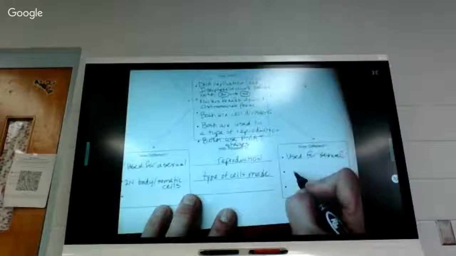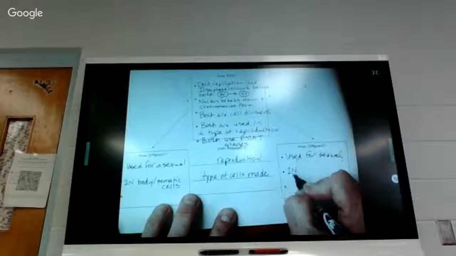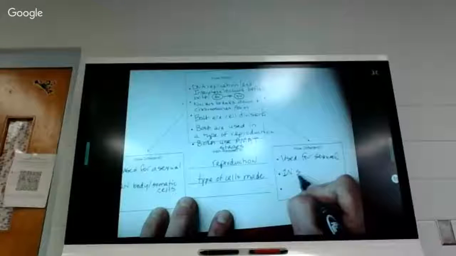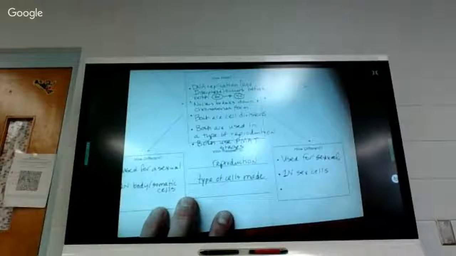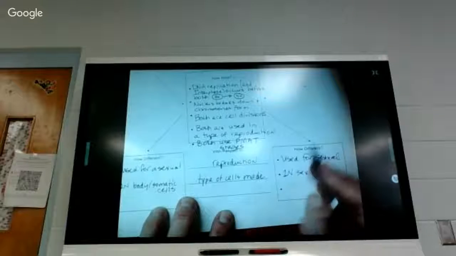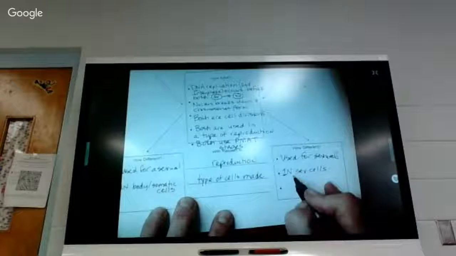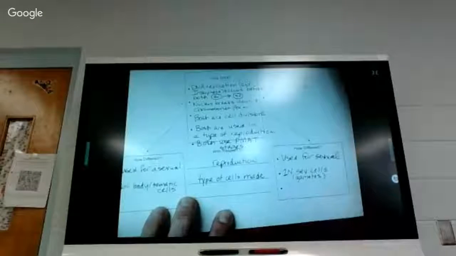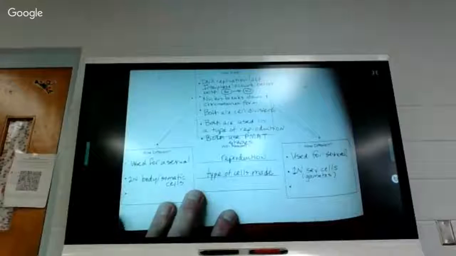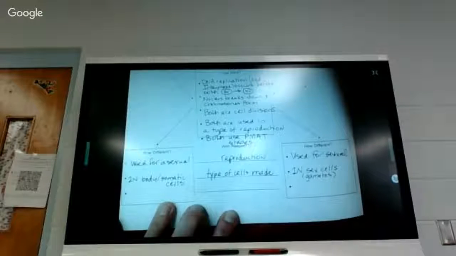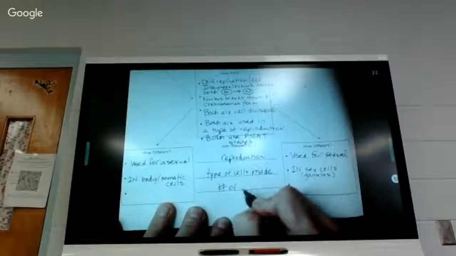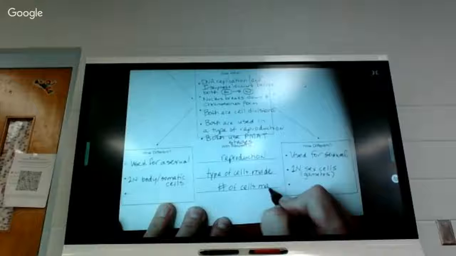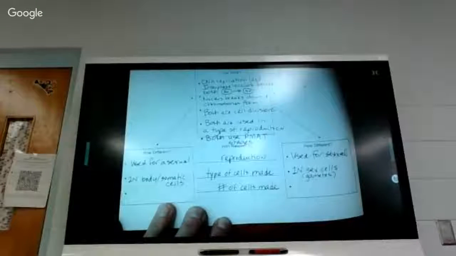All right, so make sex cells. All right, and what's another word for sex cells that they may use? Gametes. And that just means sperm and egg, but they may use that instead. Okay, how about the number of cells made at the end? One creates 2 and one creates 1.